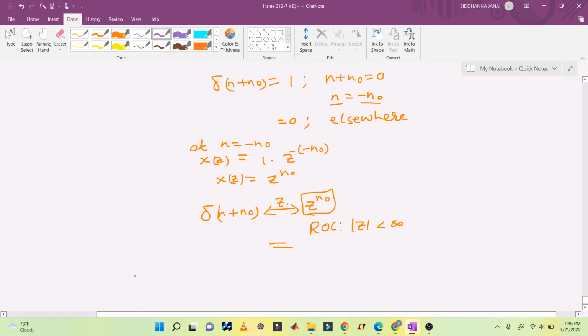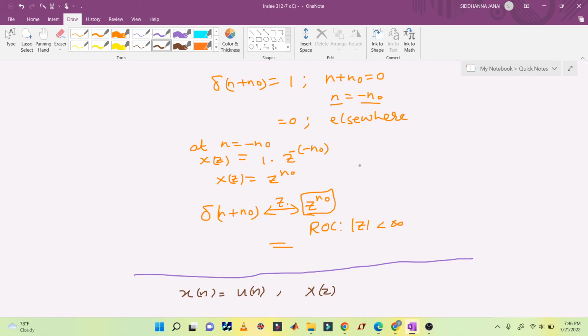What we have to find out? We have been given x of n is equal to u of n. We have to find out what is x of z for this signal.